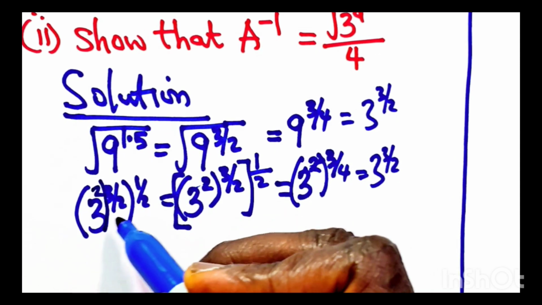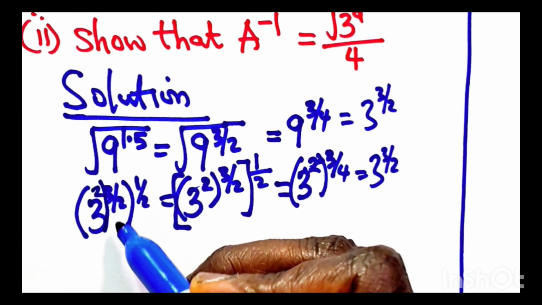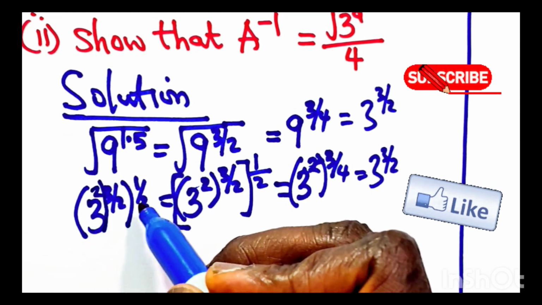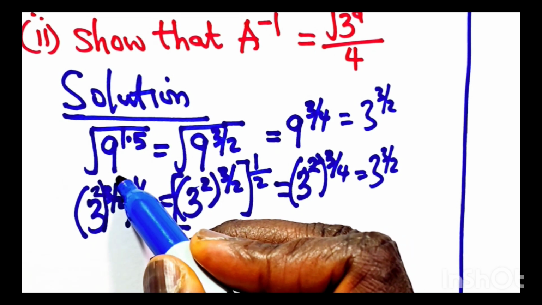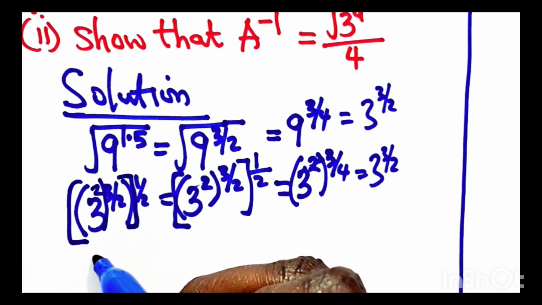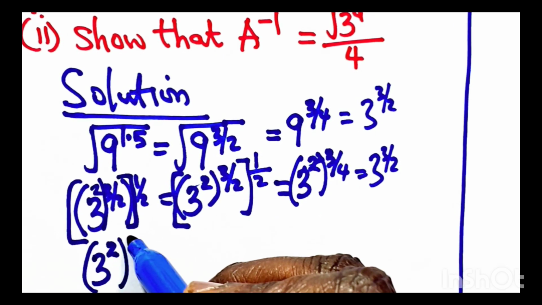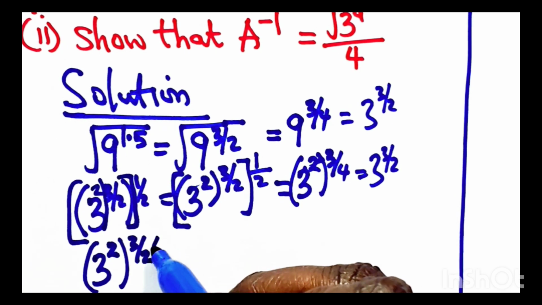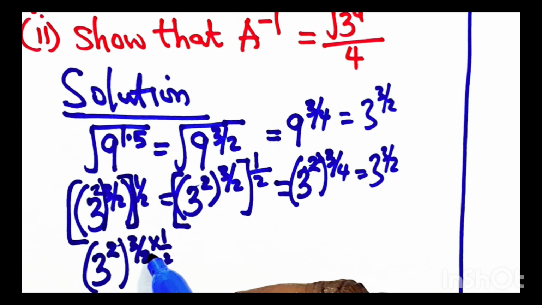If I bracket everything together, 3 raised to the power 2 into bracket 3 over 2 times 1 over 2, that means this can cancel this, and I'll be having 3 raised to the power 2.